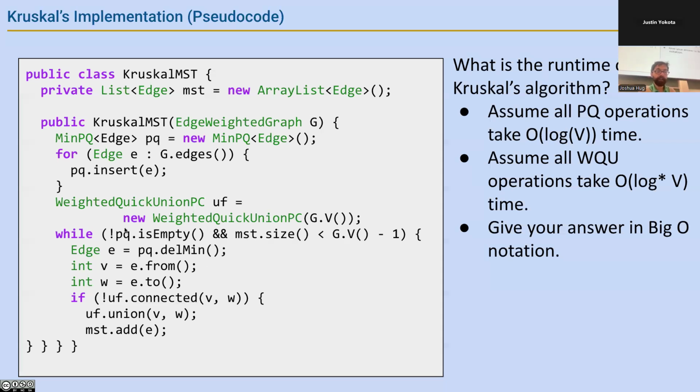Then, as long as we have more edges to consider, we delete the edge and check if the two ends of the edge are connected. If they are not connected, we union them and add the edge to the minimum spanning tree. Think about the priority queue as log V time and weighted quick union operations as big O of log star. You have a tighter bound than that, but we'll do log star.